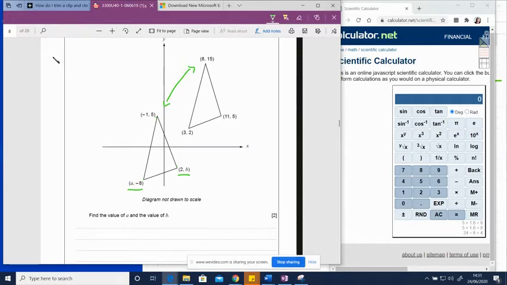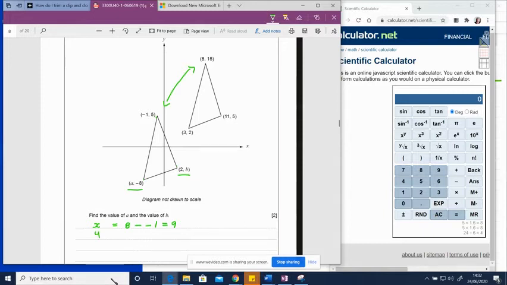So to find the x coordinate of the first vertex, we take 8, the x value in the first vertex, minus 1, the x value in the second one. So it's 8 minus minus 1, which is 8 plus 1, which is 9. So the relationship of the x value of these 2 points is that the x value has moved 9 places to the left.